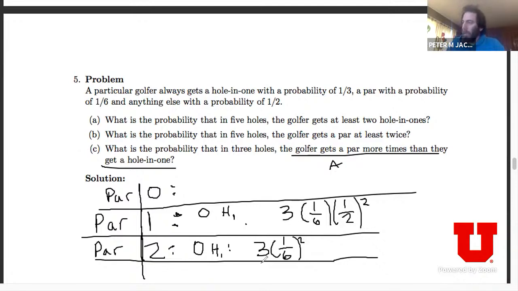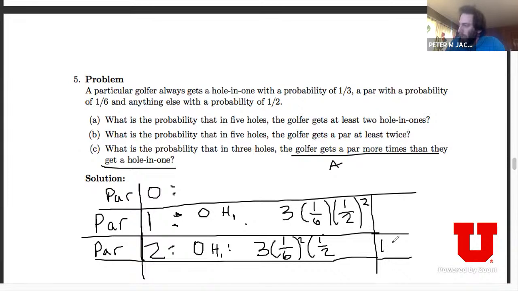And then we know they got no holes in one. So in the other hole, they got the anything else category. So this would be 1/2. And then they could have gotten 1 hole in one as well. That would also be okay. They would still get more pars than holes in one.